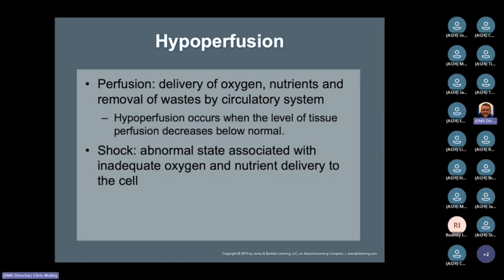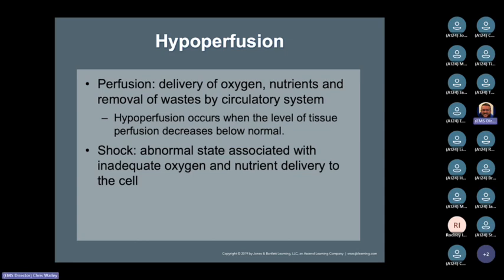Shock is an abnormal state associated with inadequate oxygen and some nutrient delivery to the metabolic apparatus of that cell. It results in impairment of cellular metabolism and inadequate perfusion of some of your vital organs.